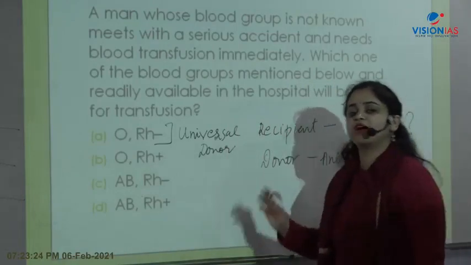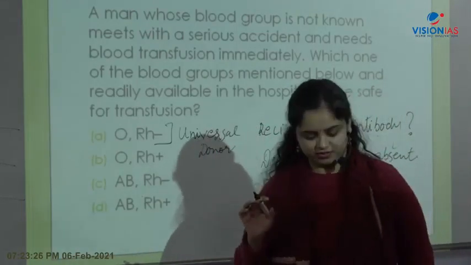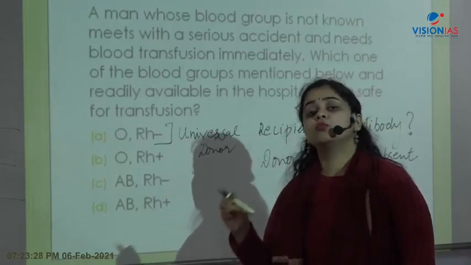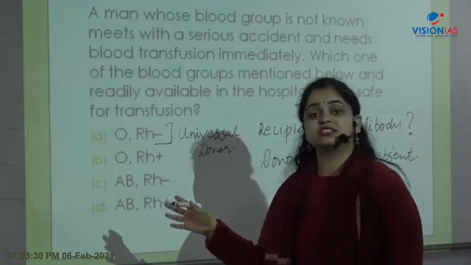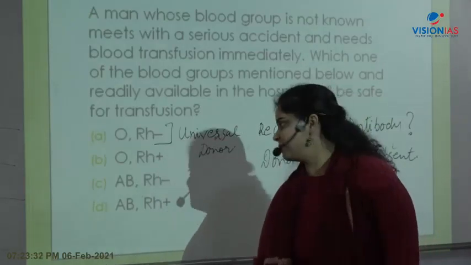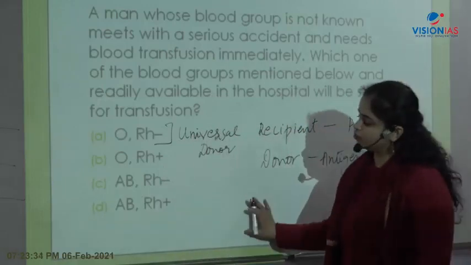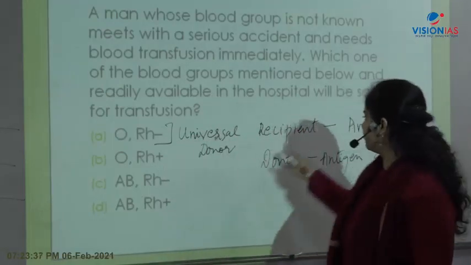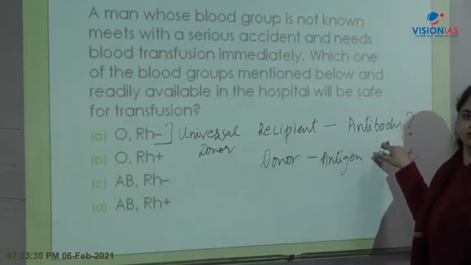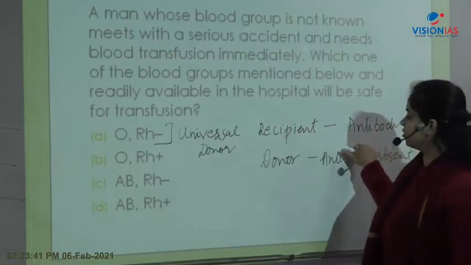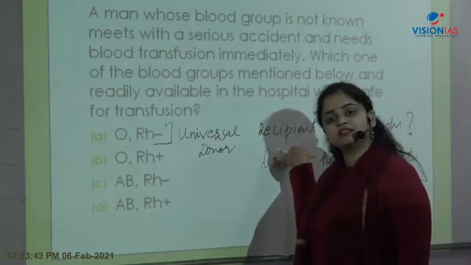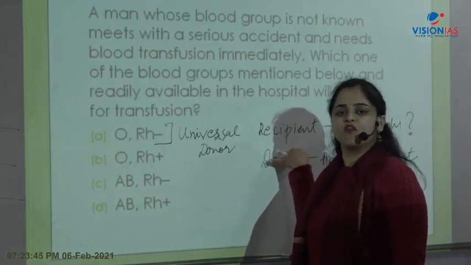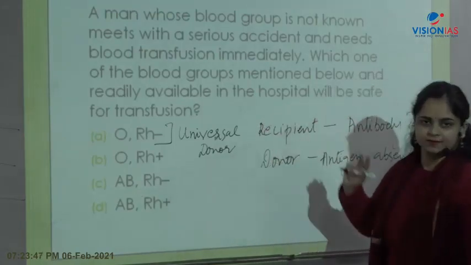If you have to find out a universal recipient, that blood group which will be able to receive blood from all blood types, it is going to be a blood group which has no antibodies. If a blood group has no antibodies, it will be the most perfect recipient because there will be no scope for reaction in any way.